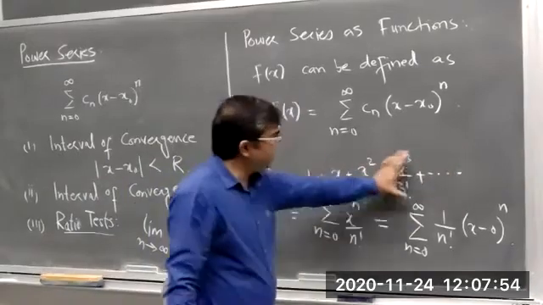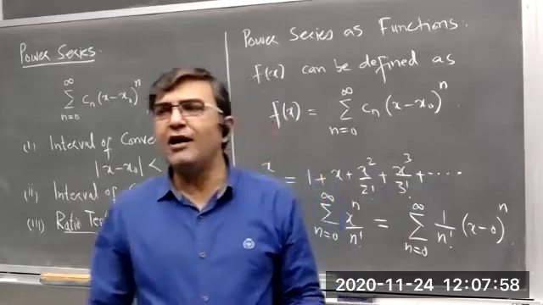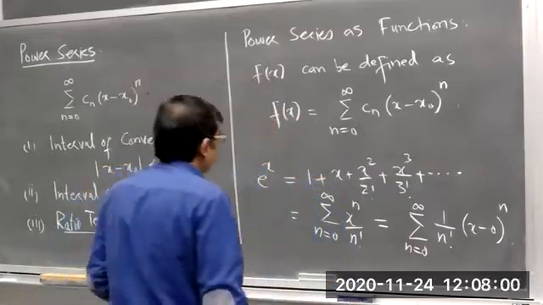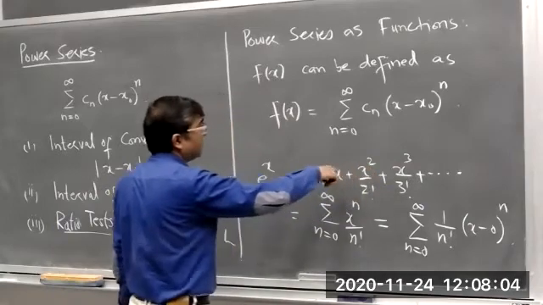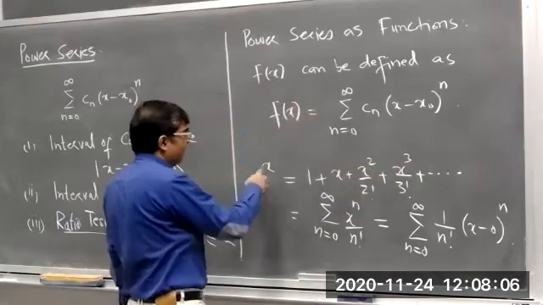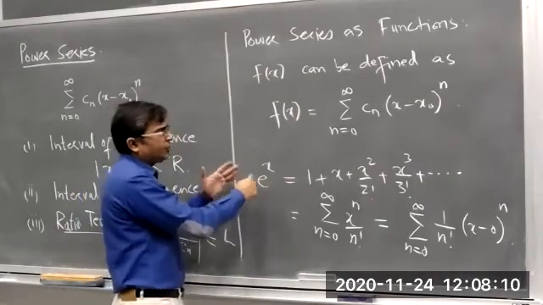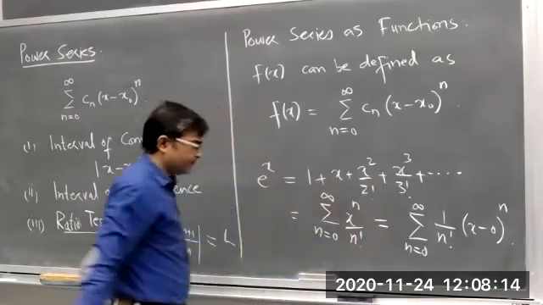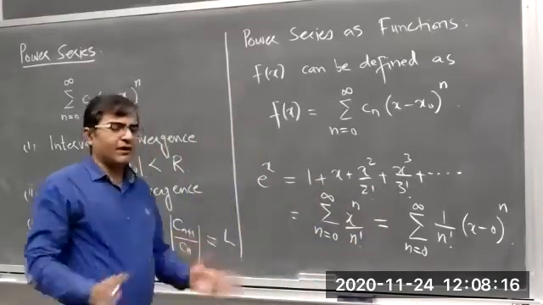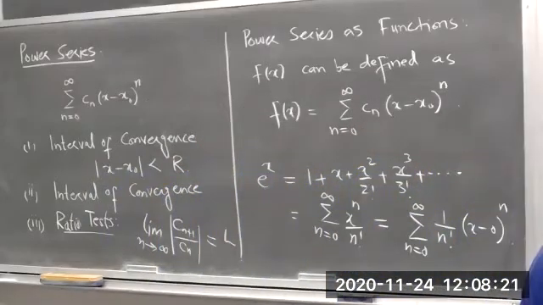You have already studied how to find the Maclaurin series or the Taylor series of a function. So this is in fact a special case, which is again a power series. So any function can also be expressed in the form of a power series. Okay? Not all functions, but a great deal of functions can be expressed in the form of a power series.